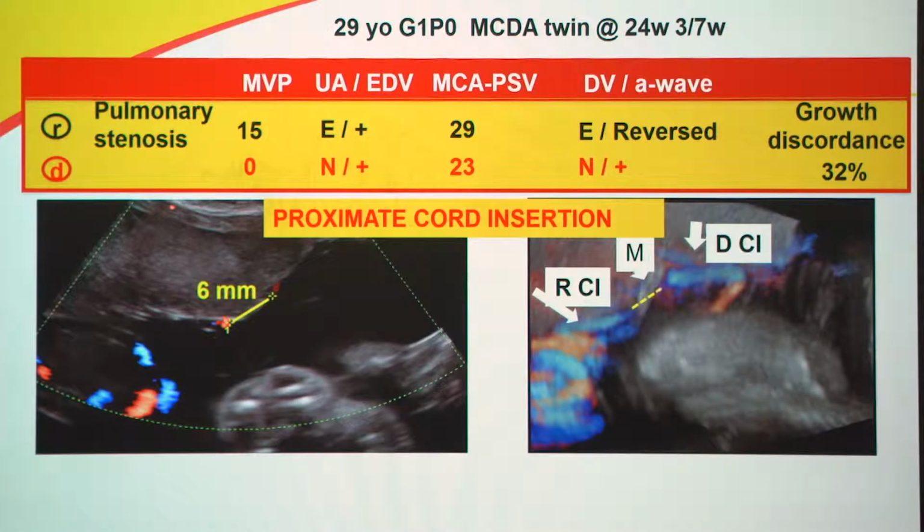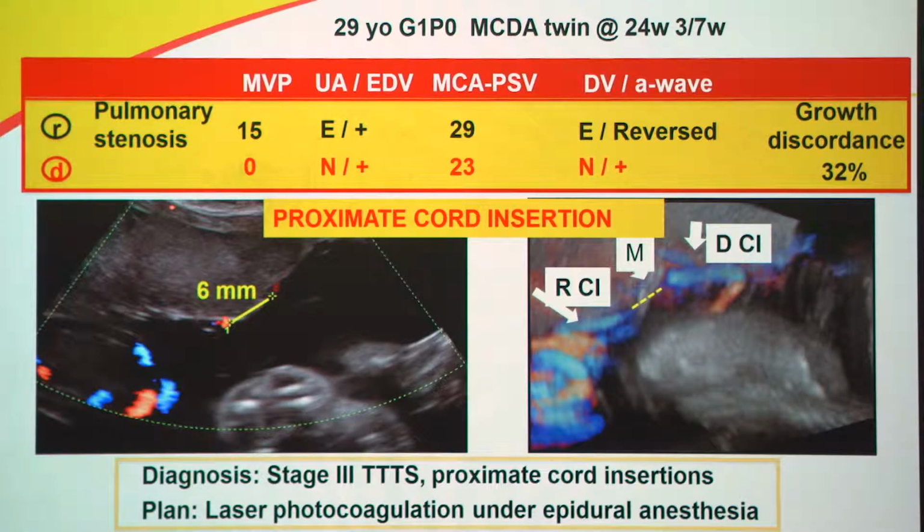So the diagnosis was proximate cord insertion with stage 3 twin-to-twin transfusion syndrome, and we decided on laser photocoagulation under epidural anesthesia. Normally, I perform laser procedures with regional anesthesia without epidural.